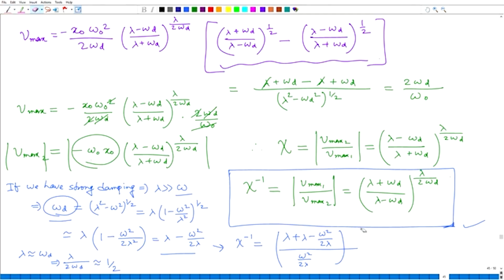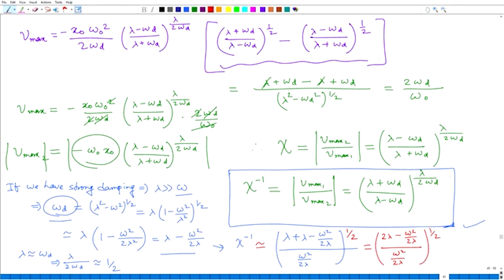Okay. So, that I can use over here, and I can write this with a different color, 1 over half. And of course, this is an approximation over here. So, that is why I do not put the equal to sign over here, I just say this is like this, this limiting value, and you will have 2 lambda minus omega square by 2 lambda by omega square by 2 lambda, 1 half.